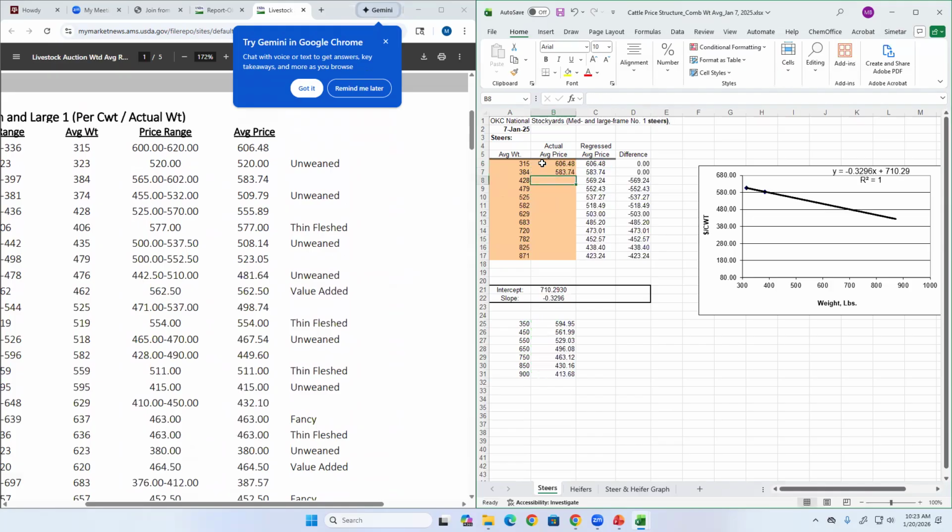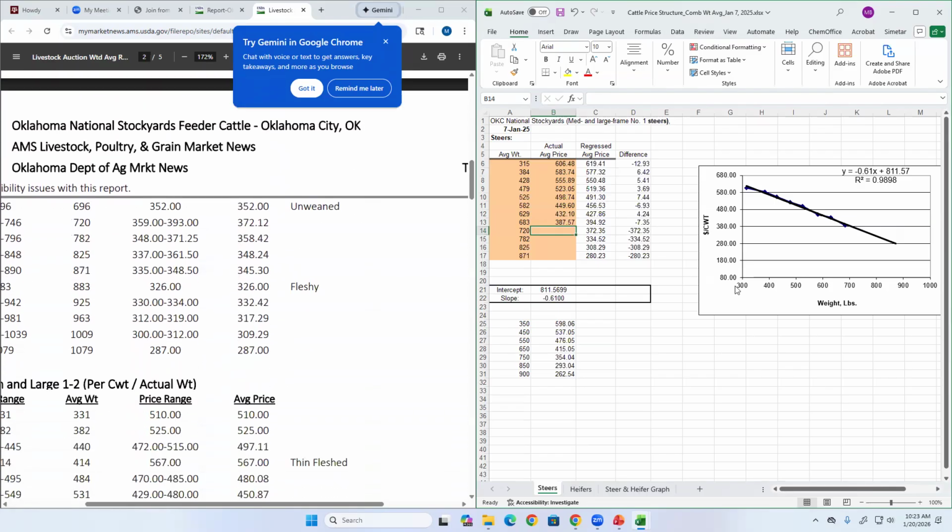583.74, 555.89, 523.05, 498.74. Okay, what else? $372.12, 358.42, okay.